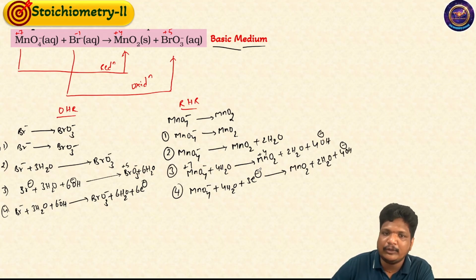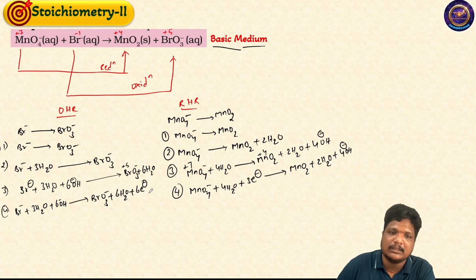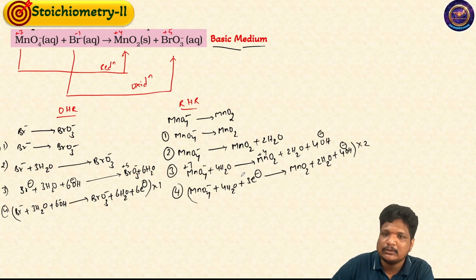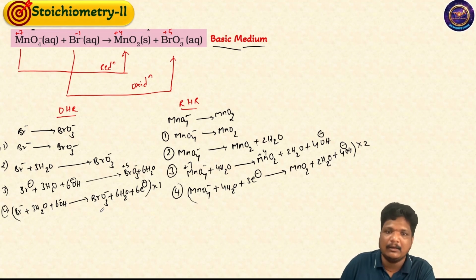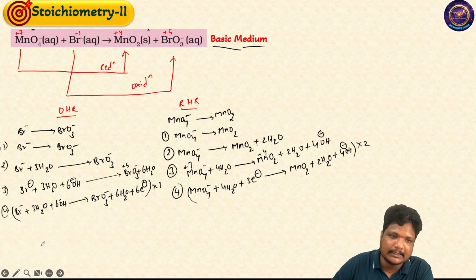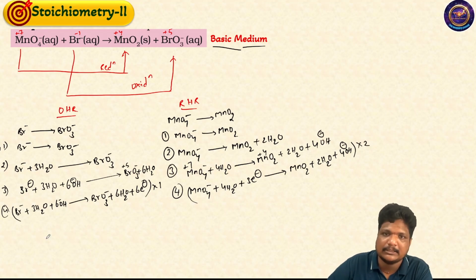Now you have to equalize the number of electrons lost and gained. By multiplying the oxidation reaction with 1 and the reduction reaction with 2, it will be balanced. Then you have to add these two half-reactions, the reduction and the oxidation.